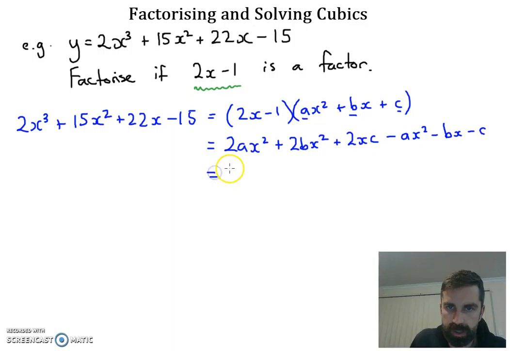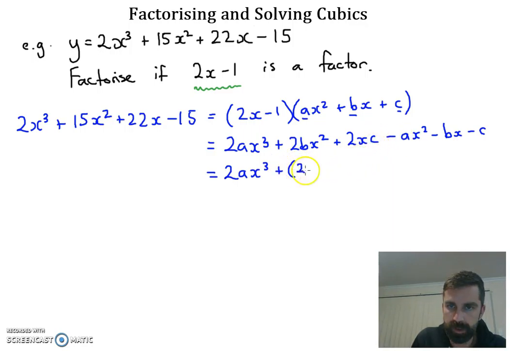Now what I'm going to do is collect up the like terms. So, this first one should actually be 2ax cubed because it's 2x times ax squared. So that's my only x cubed term. Now I'm going to add together my two x squared terms, so 2b and negative a.